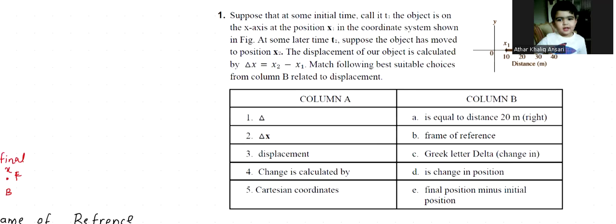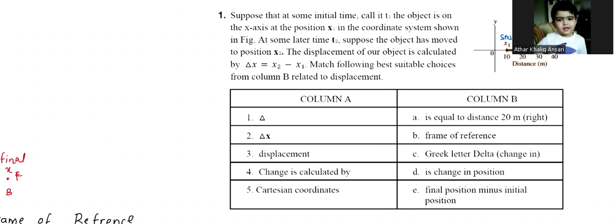Its initial position is 10 meter, and the final position is 30 meter. So x1 is the start and x2 is the end point. From start to the end point, we have this situation.